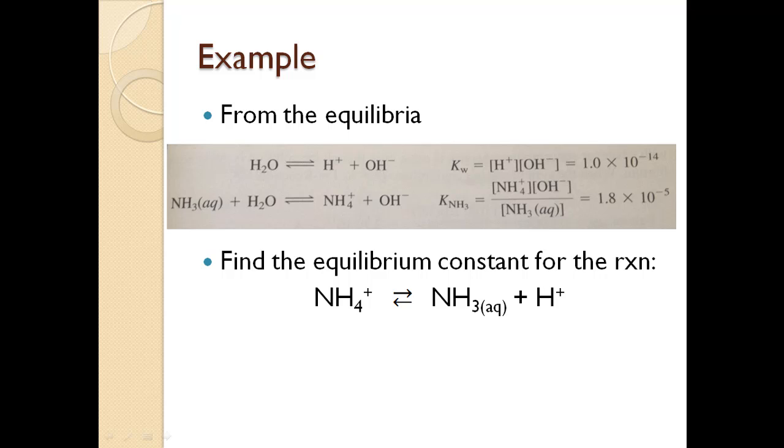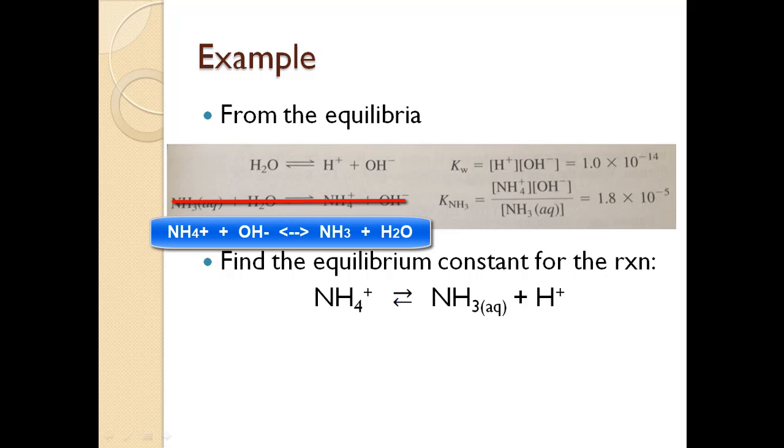So let's flip that second reaction. Now it reads NH4 plus OH minus is in equilibrium with NH3 plus H2O. If you do that, your OHs cancel and your waters cancel, and you end up with the reaction that they want you to find the equilibrium constant for.